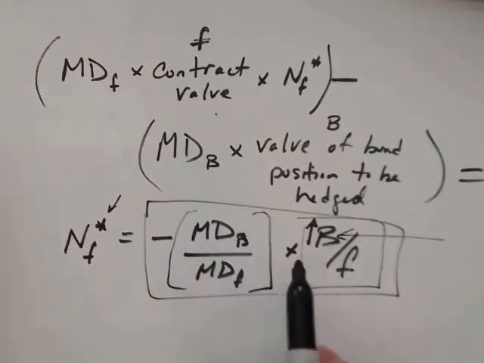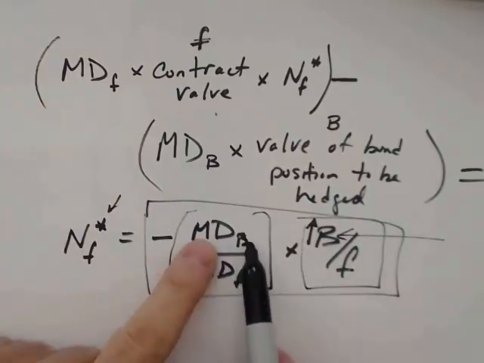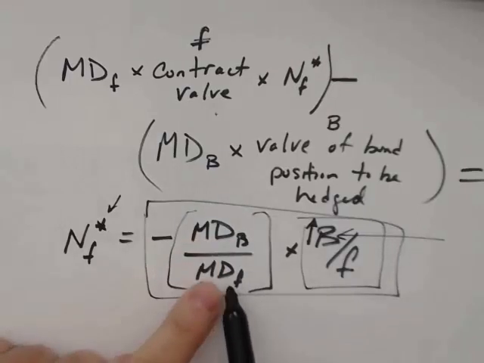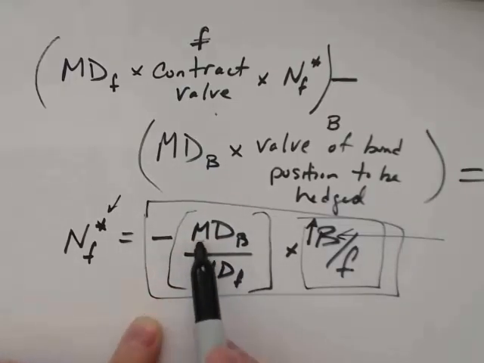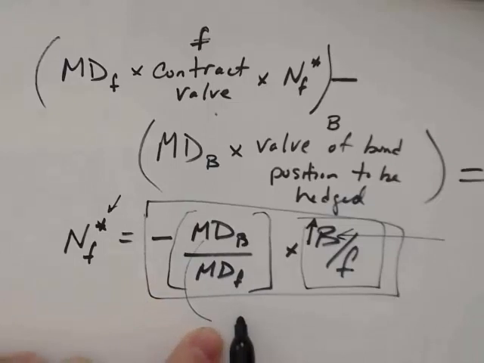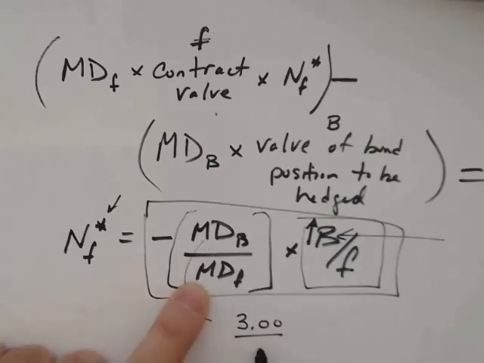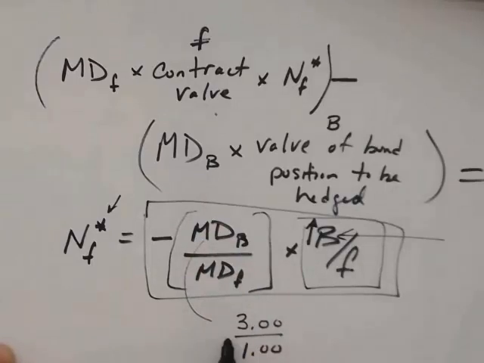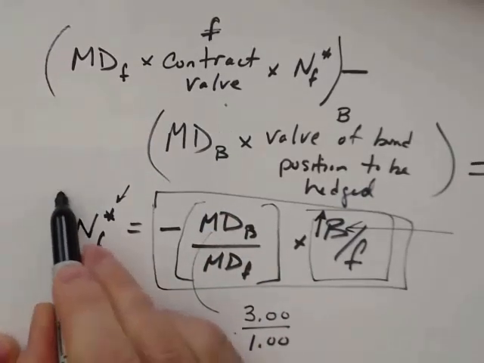Okay, so that's intuitive. The other thing you need to take into consideration is the relative sensitivities, and there it is right here. This tells you the modified duration of your bond portfolio, relative to the modified duration of your futures contracts. So if the modified duration of your bond portfolio is 3, and the futures contract has a modified duration of 1, then that means, all else being equal, you need 3 times as many contracts, because this will boost this up 3 times.